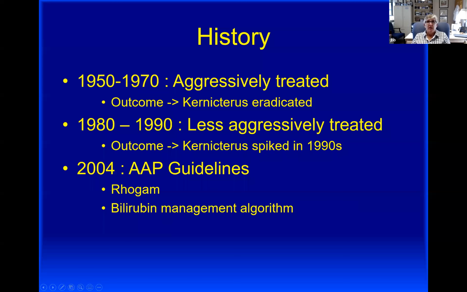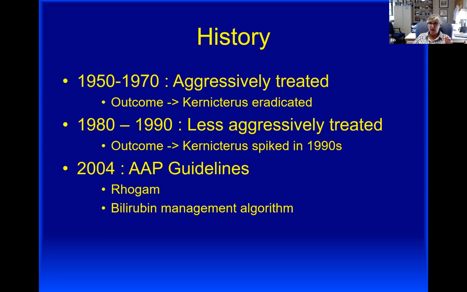The history. Again, in the 1950s to 1970s, we aggressively treated hyperbilirubinemia, and kernicterus was pretty much eradicated. And then you'll see in 1980 to 1990, which is the time when I was trained, I graduated med school in 82. I finished residency in 86 because of my transition from family practice to peds.